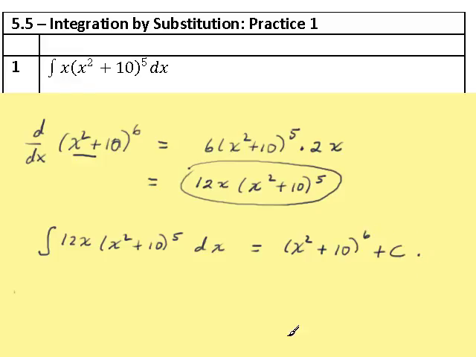That's just going in the opposite direction. Now this integral is similar to this one, just the 12 is missing from our integral in number 1. So we see it should approximately be this, but we just have to figure out the constant.